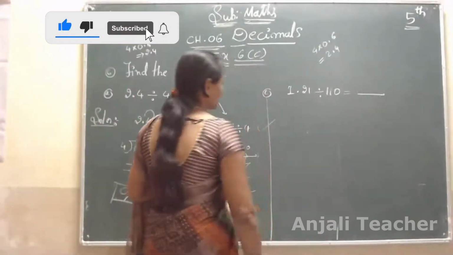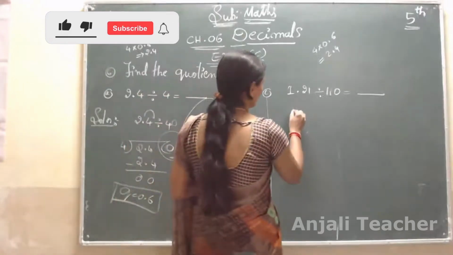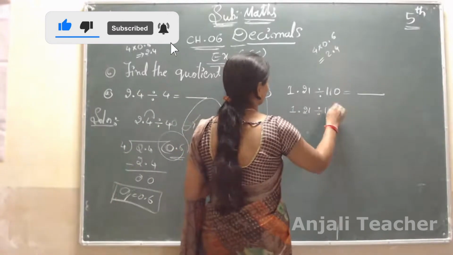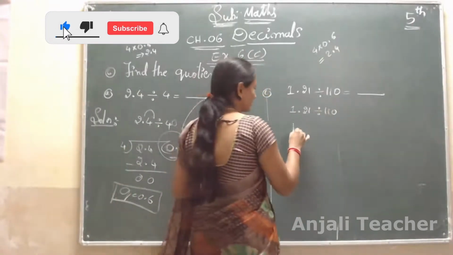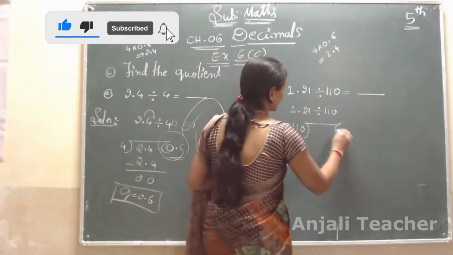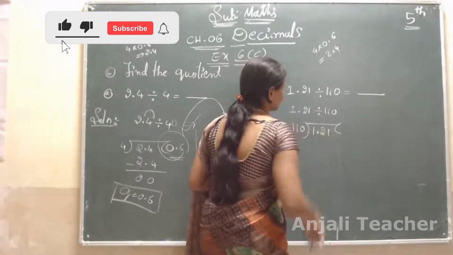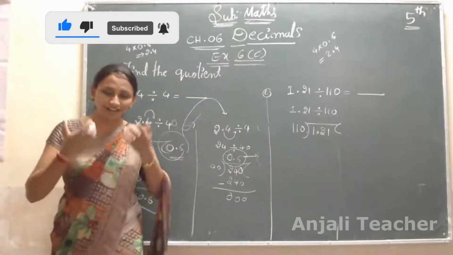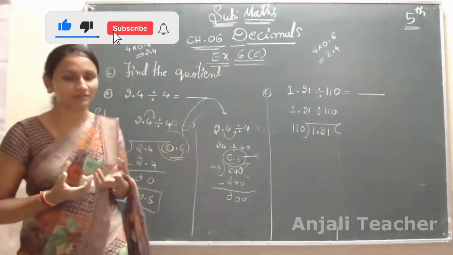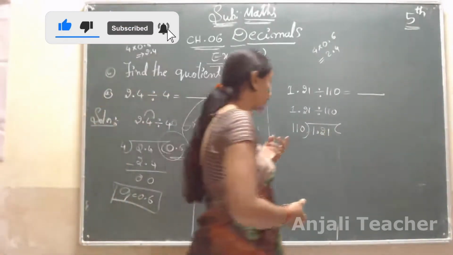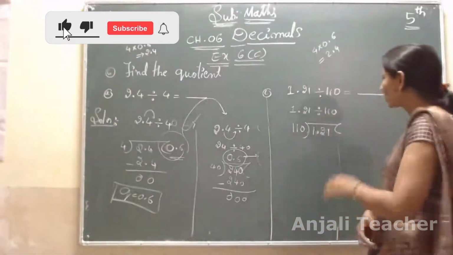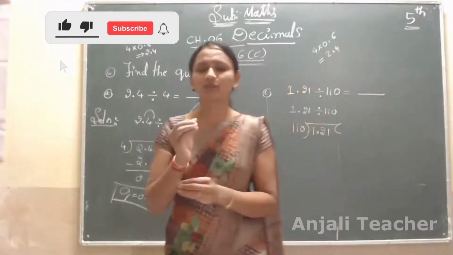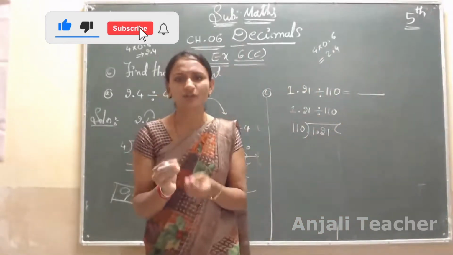Can you see this question? It is 1.21 divided by 110. Students, 110 has the higher value, but 1.21 is much lesser, because 1.21 is 1 rupee 21 paisa.